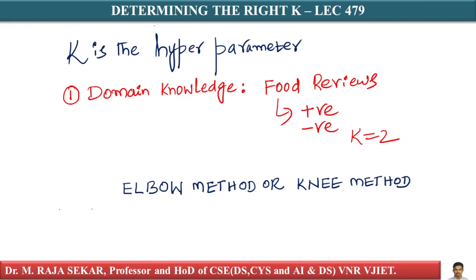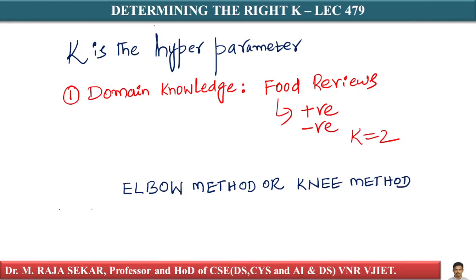In some cases it is also called the knee method. Very simple idea. By the way, we have used this method previously. I am using the term elbow method in this lecture, but otherwise it's a technique that we all learned.